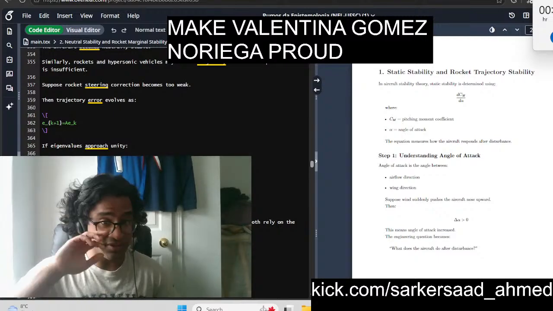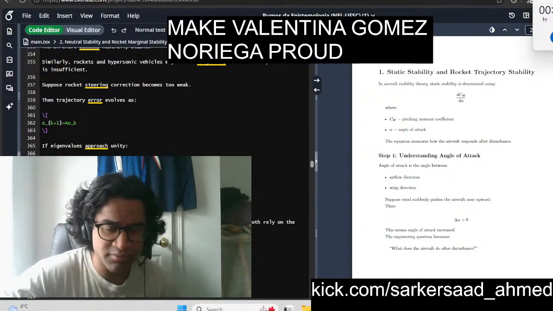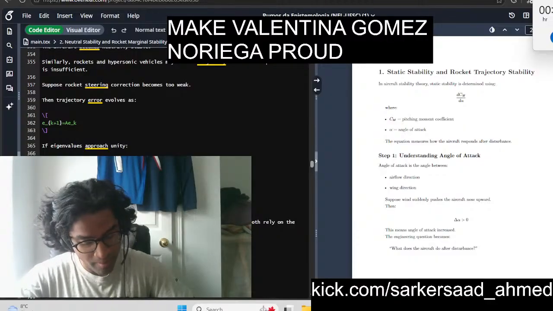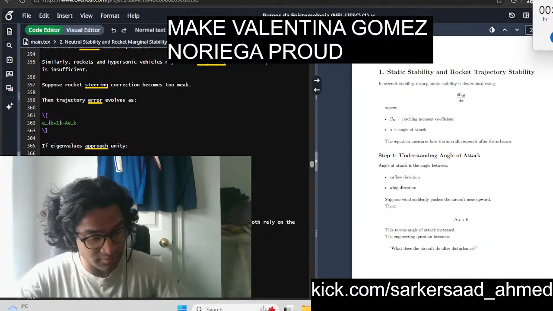Okay, understanding the angle of attack. The angle of attack is the angle between the airflow direction and the wing direction. What is angle of attack?